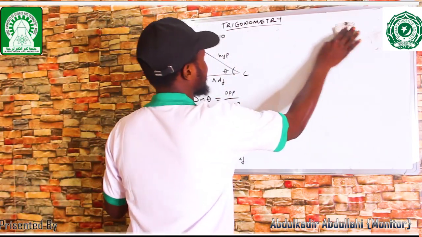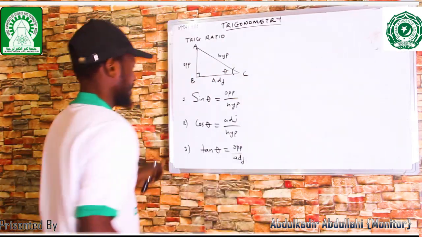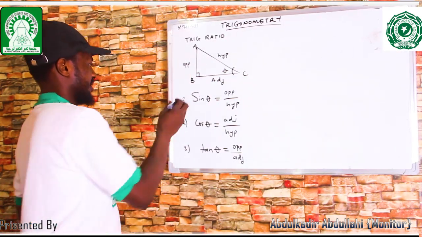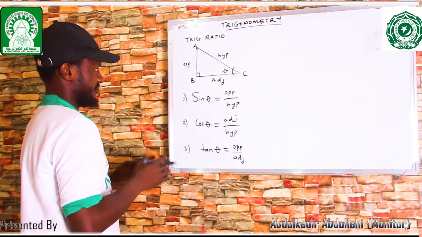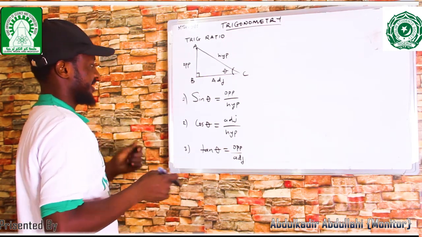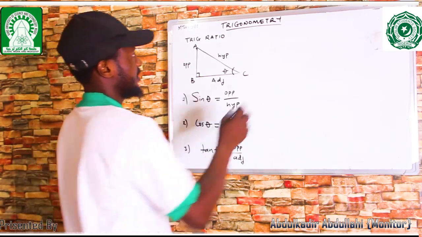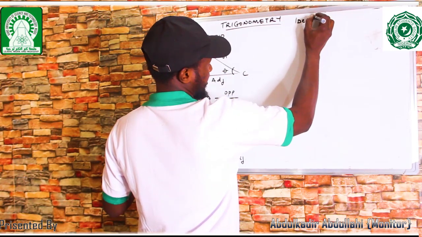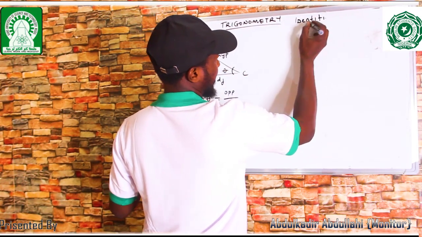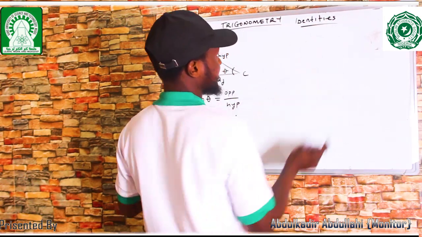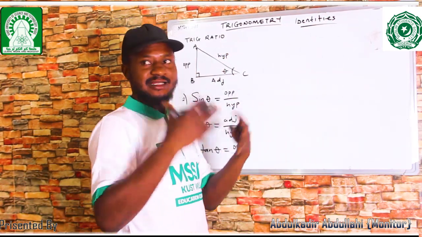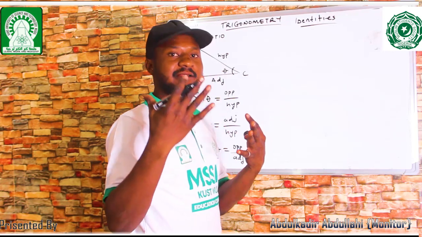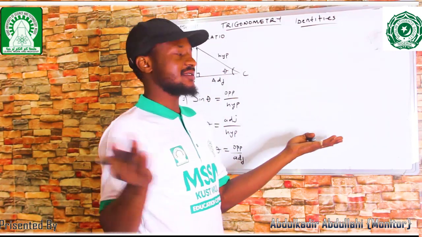After the trigonometric ratios, there are some identities, two or three that are very important. When we say identity, we mean things that are the same.